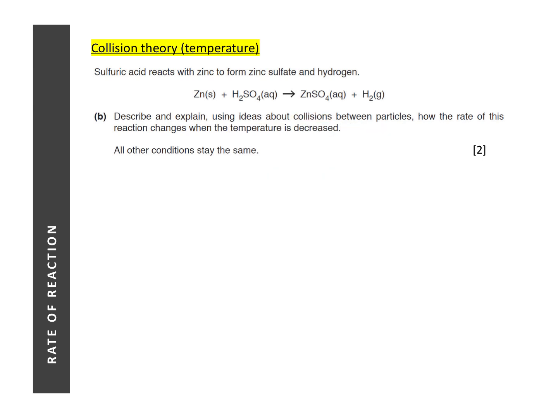For this question, now we are looking at the effect of temperature. When temperature is decreased, again this is a routine question. When temperature decreases, the kinetic energy of your particles would decrease. So what effect would that have on your particles? The frequency of collisions would decrease, and another important factor is this: the fraction or the number of particles with energy greater than or equal to activation energy would decrease.